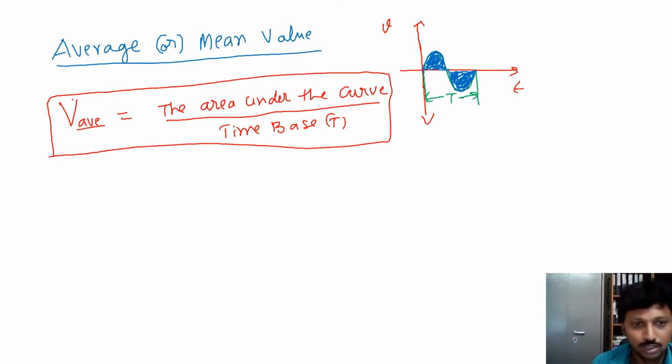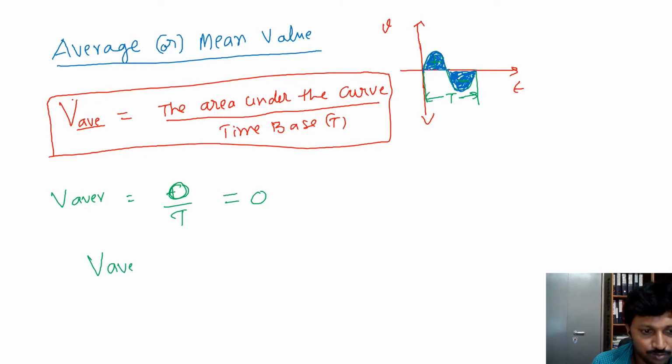So what is the area under the curve? This is positive and this is negative. So what happened to V average? It is plus and minus, so it becomes 0 by T. So V average or mean is equal to 0 for this waveform. Right. So V average is 0, or we can also say the mean is 0.